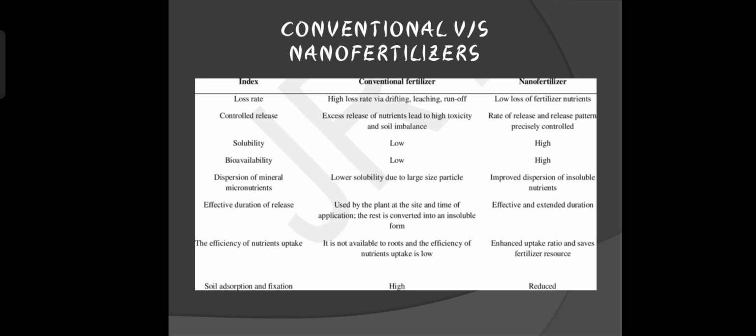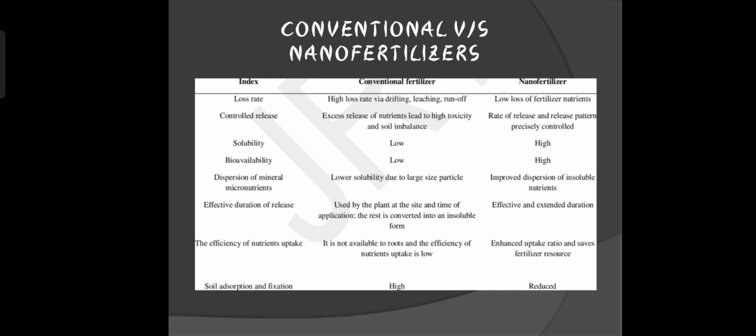Dispersion of mineral micronutrients in conventional fertilizers is low, with lower solubility due to large size particles, because the conventional fertilizer has a large size, but in a nanofertilizer it is a very small size, approximately between 1 to 100 nanometers. In nanofertilizers, dispersion of mineral micronutrients is improved, including dispersion of insoluble nutrients.